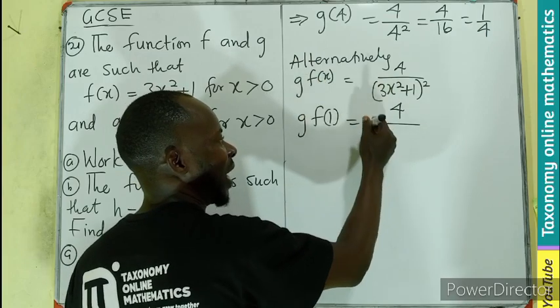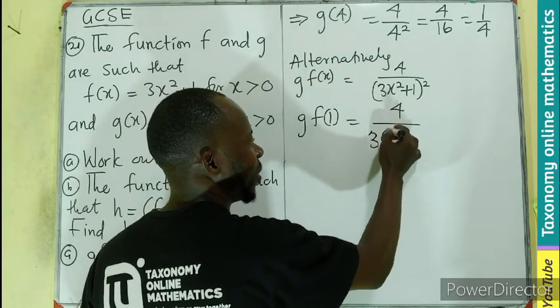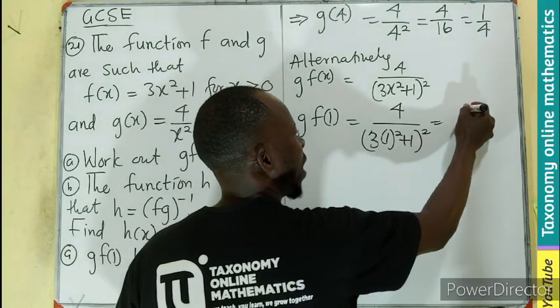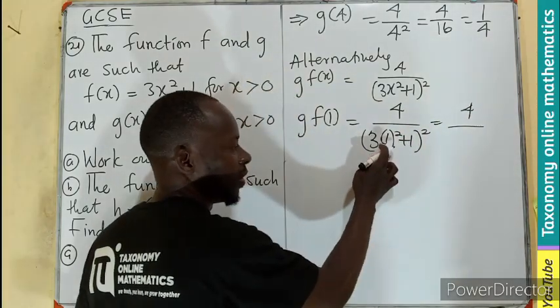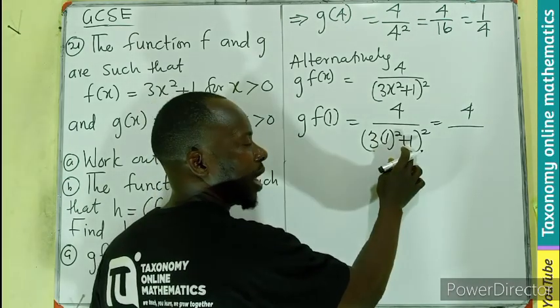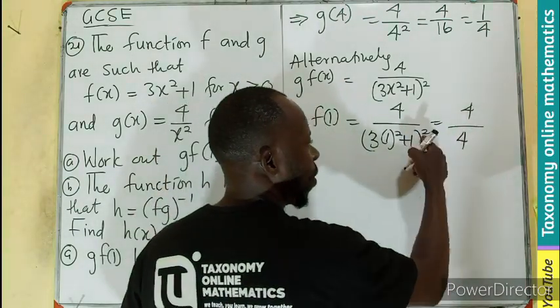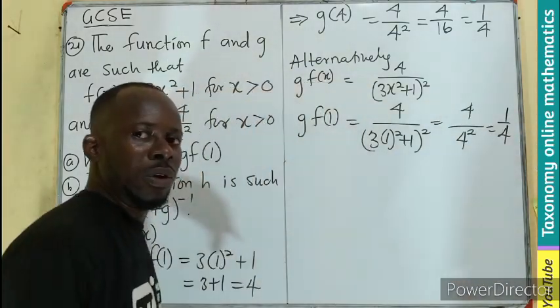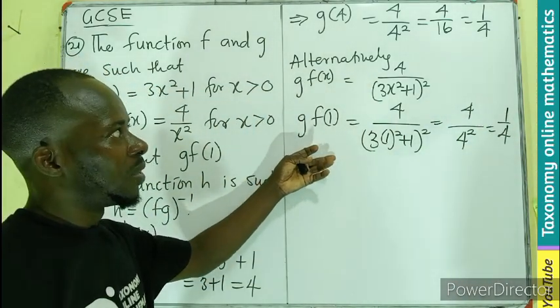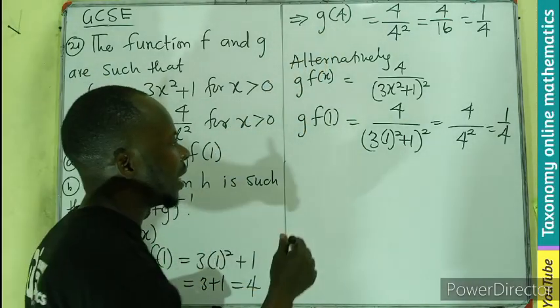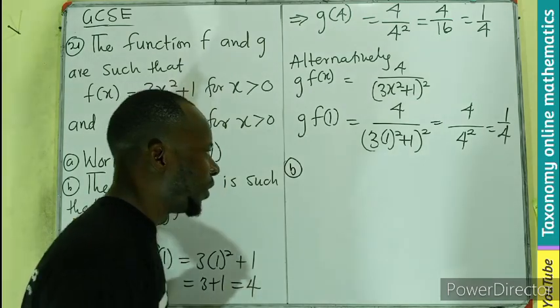So we're having 4 divided by (3 times 1 squared plus 1) all squared. This is going to be 4 all squared, which still gives you 1 out of 4. So you can do it direct like this or take it step by step. I guess we are on the same page.